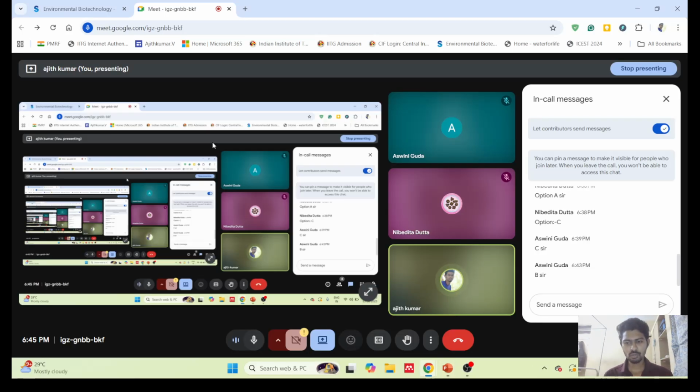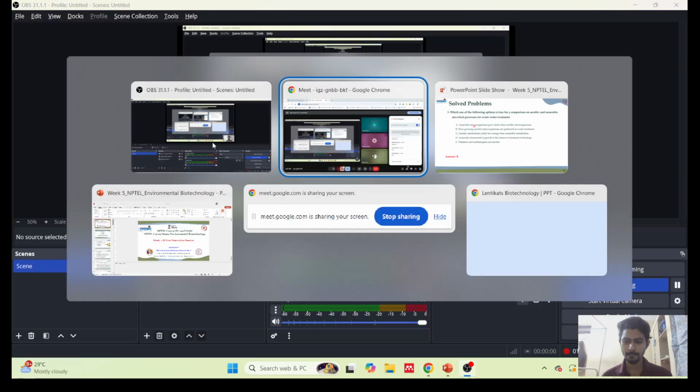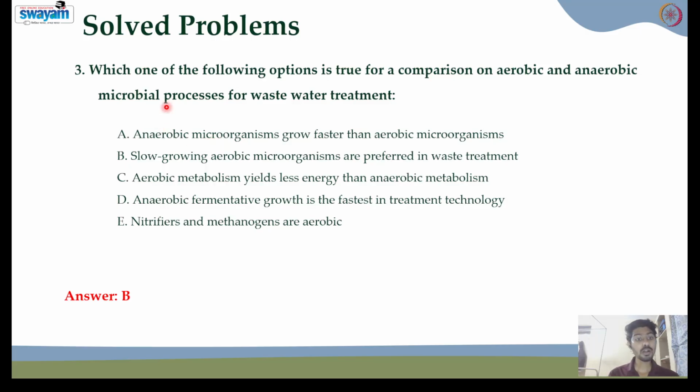Aerobic process refers to any process that occurs in the presence of oxygen, where oxygen acts as an electron acceptor. Whereas in anaerobic, instead of oxygen, nitrates, sulfates and other compounds act as an electron acceptor. So generally, anaerobic microorganisms will grow slower.